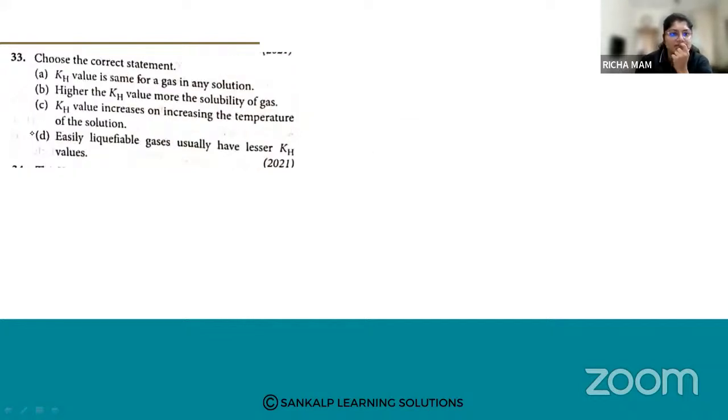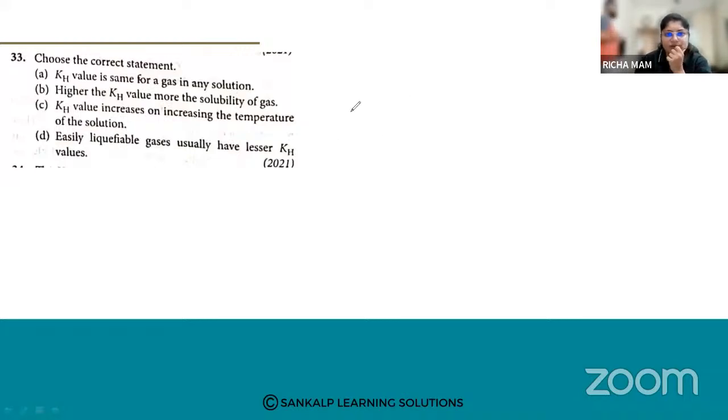Choose the correct statement. A, KH value is the same for a gas in any solution. B, the higher the KH value, the more the solubility of the gas. C, KH value increases on increasing the temperature of the solution. D, easily liquefiable gases usually have lesser KH.